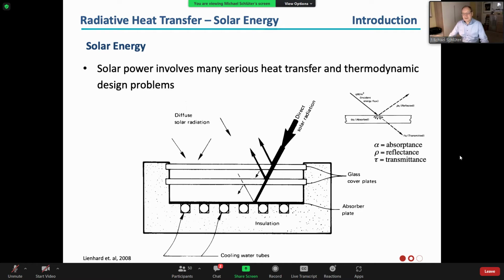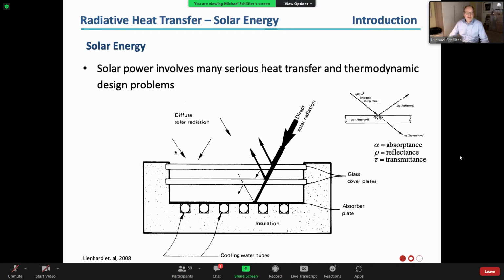So we will try to avoid that sunlight is reflected. Think about the black body, and we want that not so much radiation is absorbed before, because you want it in the collector to transfer the solar energy to heat.